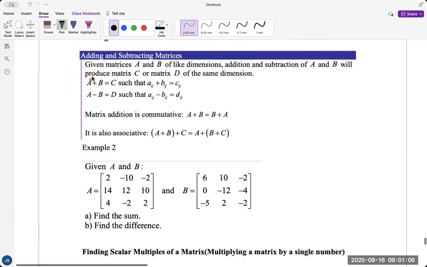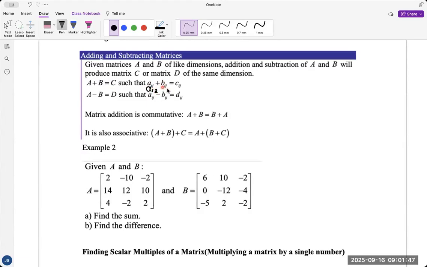What they're saying here is, when we add matrix A to matrix B, we're going to get a matrix, let's call it C. Now, in A sub ij, the i stands for a given row, and the j stands for a given column. And they're saying we're going to take an entry in matrix A, let's say it's in row 1 and column 2.